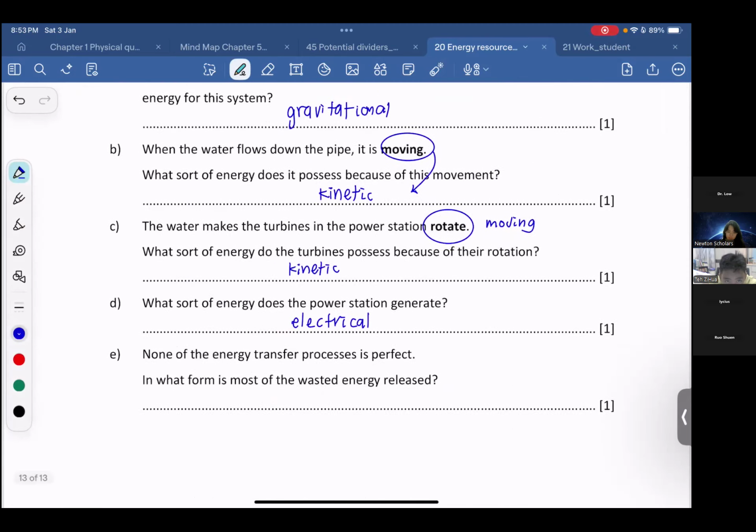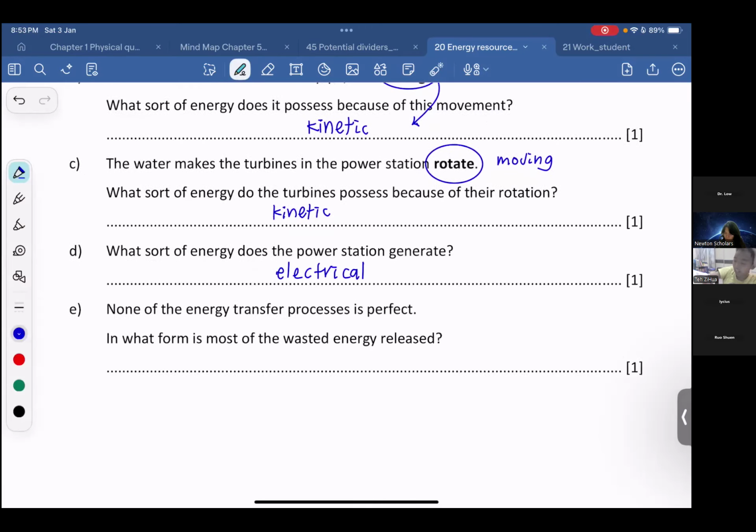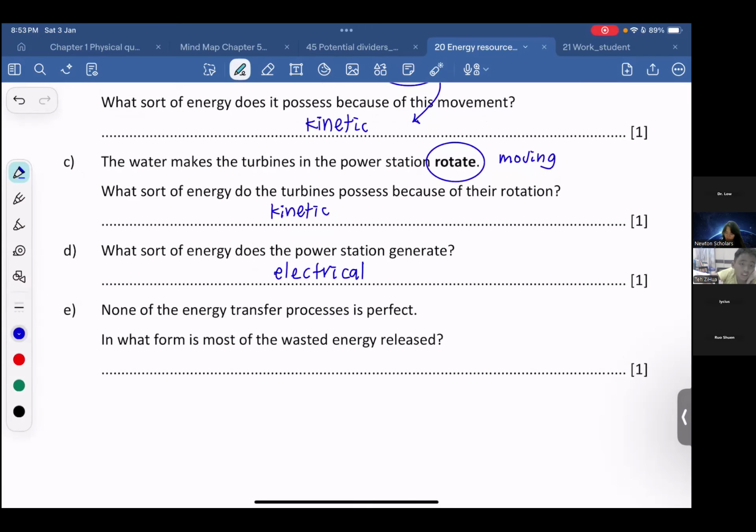Okay, electrical energy. None of the energy transfer process is perfect. In what form is most of the wasted energy released? What do you think? Internal heat.